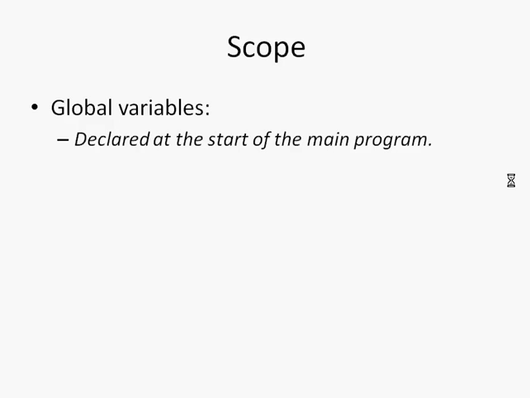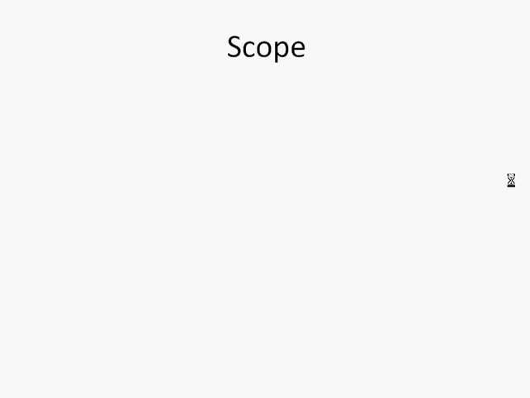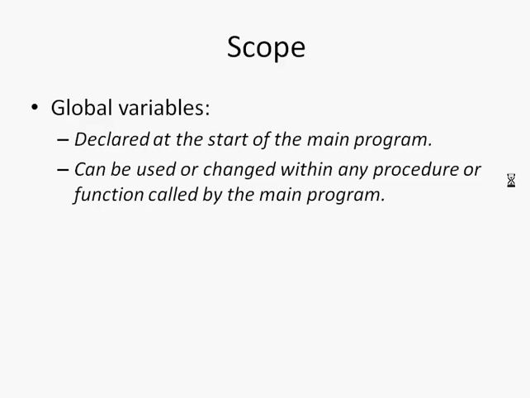Global variables are declared at the start of the main program. They can be used or changed within any procedure or function called by the main program. Their scope then lies within a whole program and not just restricted to individual subroutines.